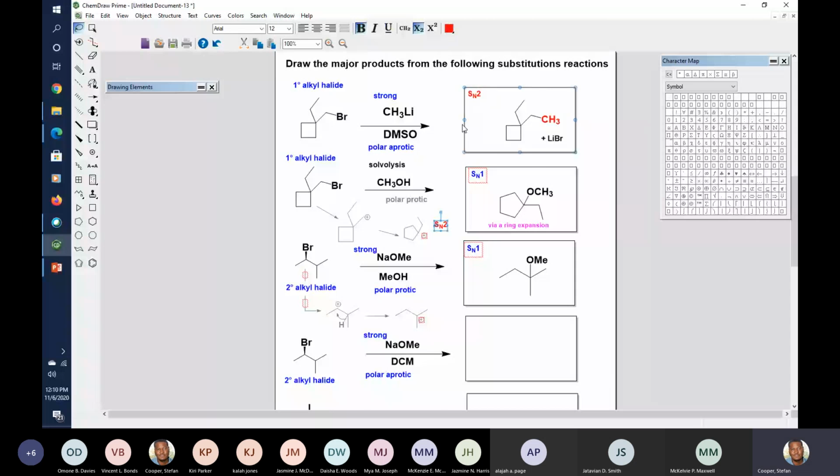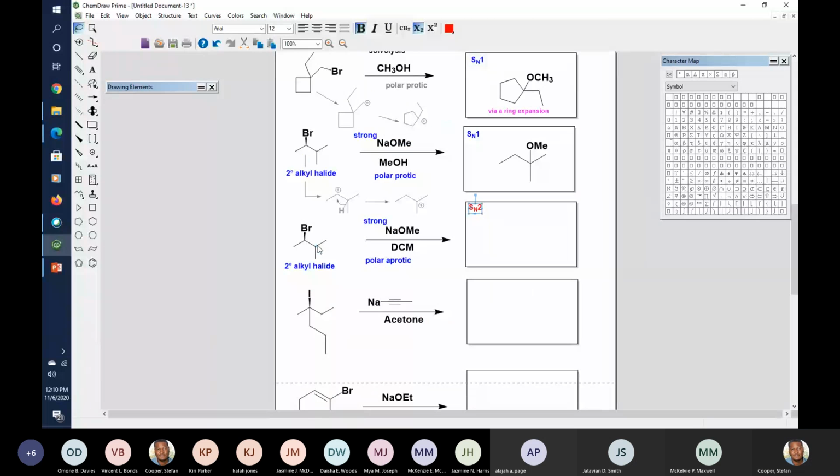So now this is just plain old SN2, and my nucleophile is going to come in from the back. So instead of having a wedge, I'm going to have a dash OMe. Right, and that's going to be my final product.